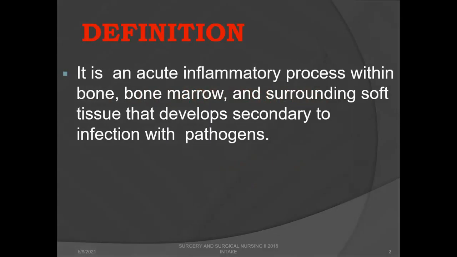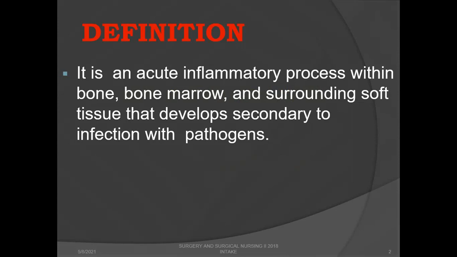So we'll first start with the definition of osteomyelitis. It is defined as an acute inflammatory process within the bone marrow and surrounding soft tissue that develops secondary to infection by pathogens. So definitely here, what they're trying to tell us is that osteomyelitis comes about due to pathogens, meaning it's an infection.